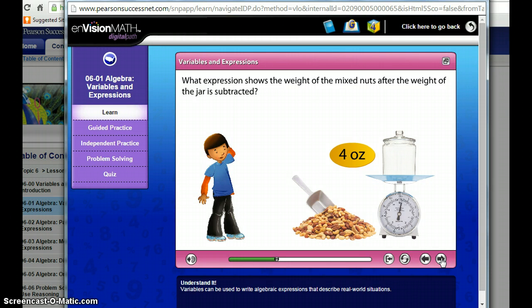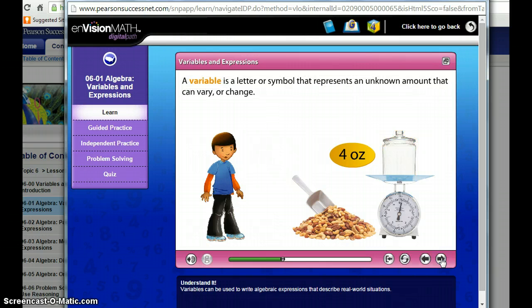What expression shows the weight of the mixed nuts after the weight of the jar is subtracted? A variable is a letter or symbol that represents an unknown amount that can vary or change. Okay, so think about this.